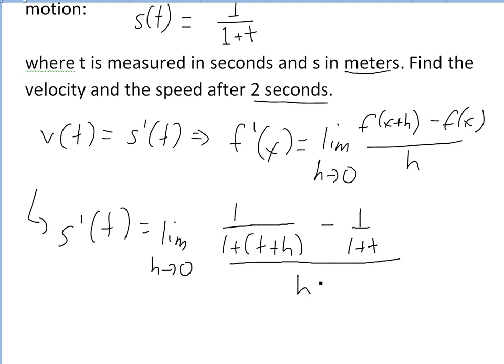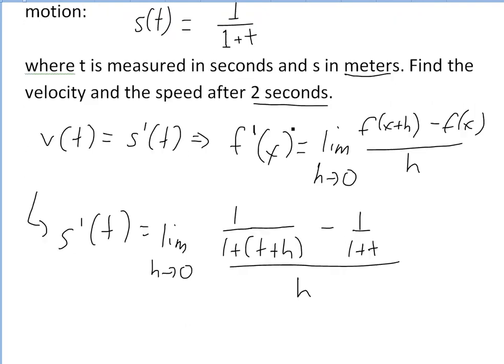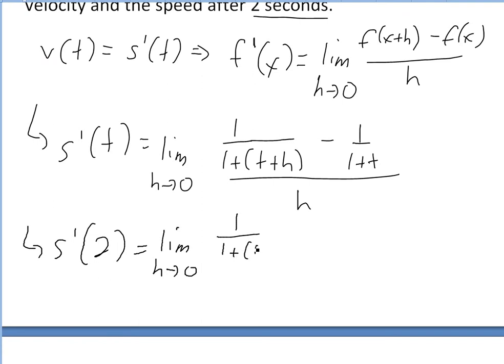Since we're only asked to find the velocity and speed after 2 seconds, we just plug in the 2 instead of t. So s prime of 2 equals the limit as h approaches 0 of 1 over 1 plus 2 plus h, minus 1 over 1 plus 2, all divided by h.